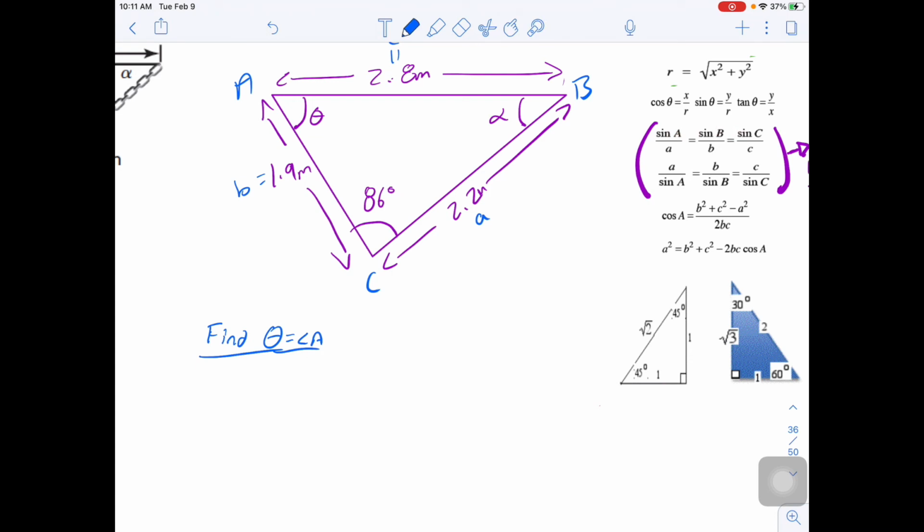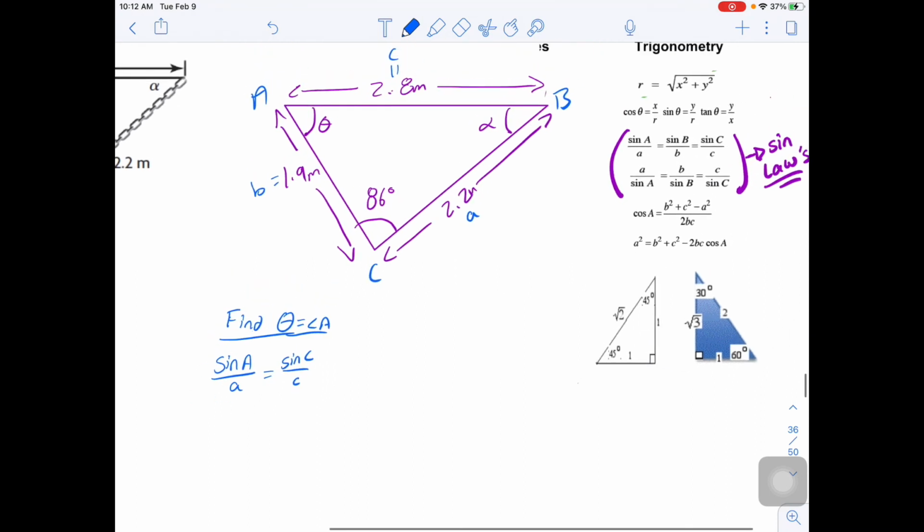So here, sine A over little a is going to equal, and now we need to choose the angle that's given and has the opposing side that's given. We would not use B here because we're not given this angle, so you'd have two unknowns and you couldn't solve for anything. So we're going to use the angle that's given with the opposing side length that's given.